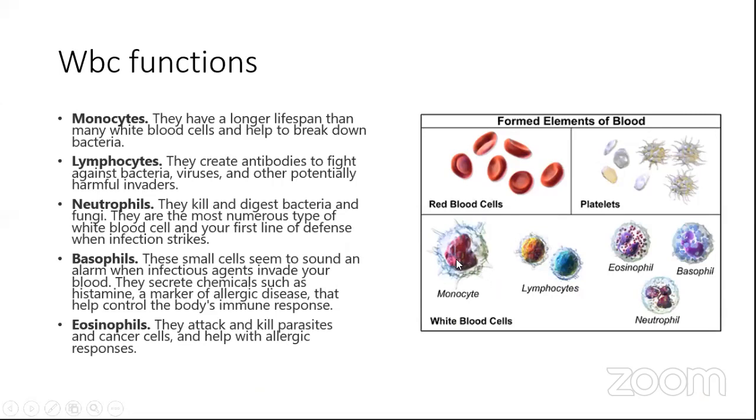You can see here the monocyte, the lymphocyte with T cell and B cell, and here eosinophil, basophil, and neutrophil. The names are all about the stain they get when they are put in a stain called eosin.